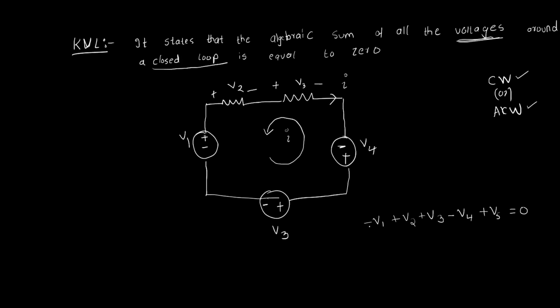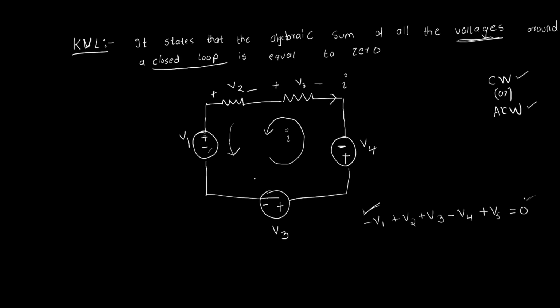So here we have added all the voltages and equated it to 0, but we need to take a look at the signs before each of the voltage sources. As we are iterating in the anti-clockwise direction, if we start at V1, we can see that the iteration is in this direction. As the iteration is from higher potential to lower potential, the value of V1 will be negative.